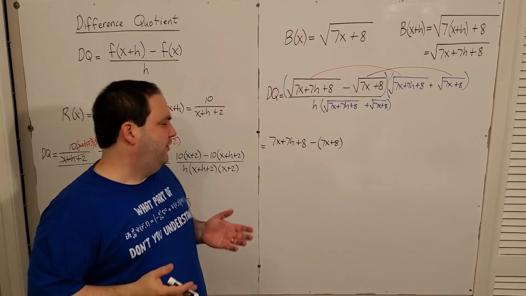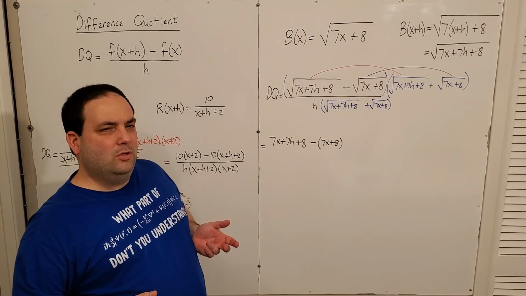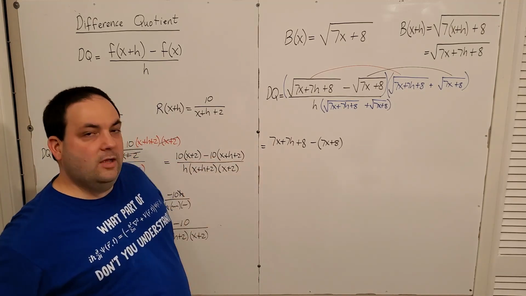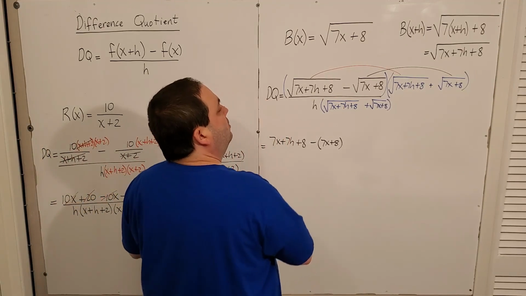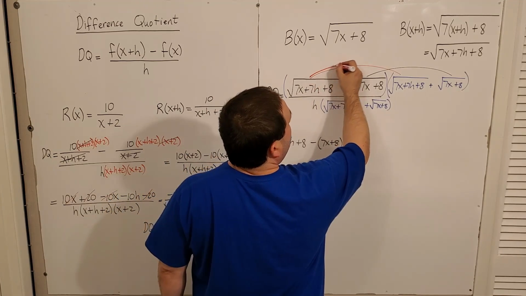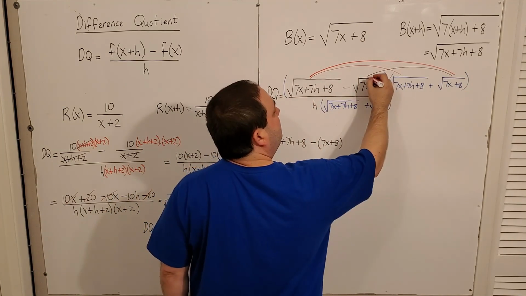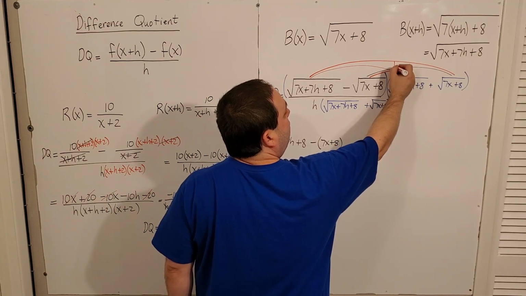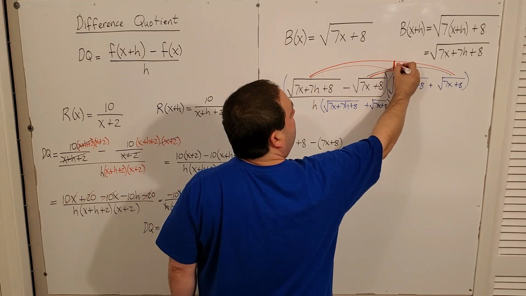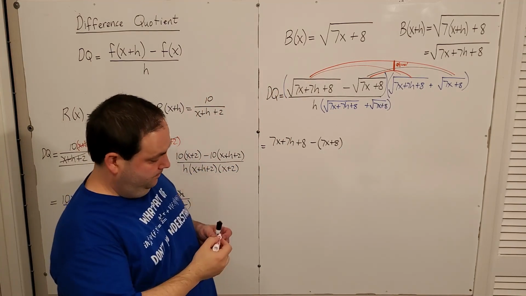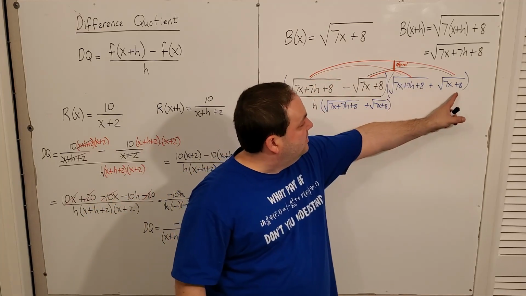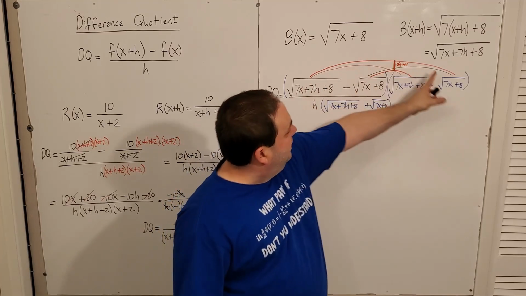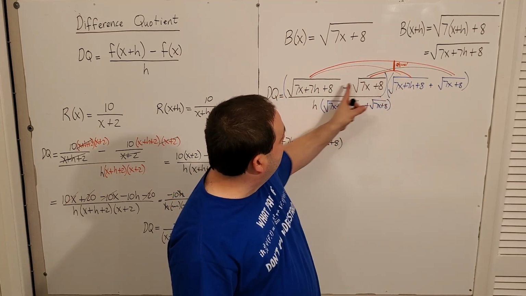Now wait a minute, Professor Simon, you skipped over something there. That's not all the multiplications in FOIL. You're right, but I don't have to write anything else here. When I multiply this first radical times the very last one, and this second one times this one here, both of those inner and outer terms are equal in size. It's the same multiplication, but the first one is positive and the second one is negative.